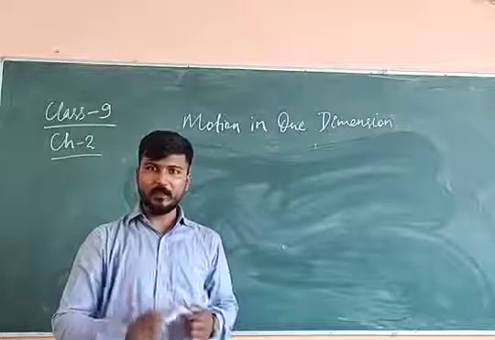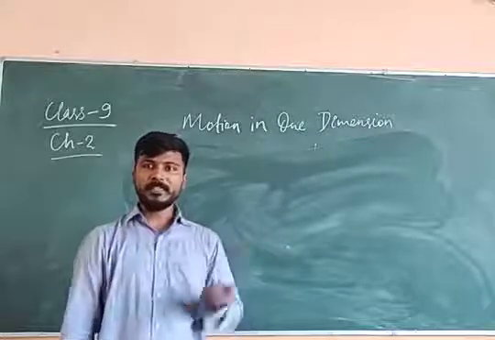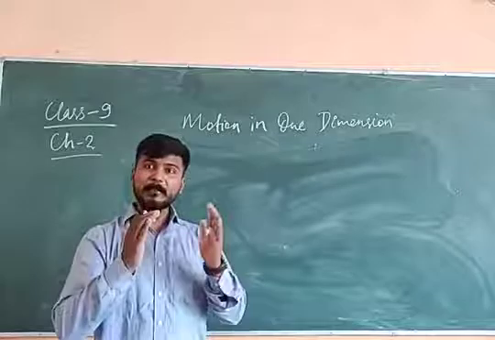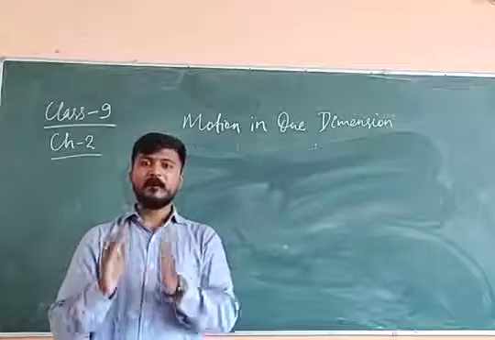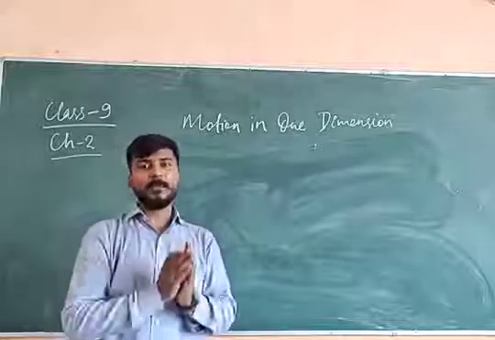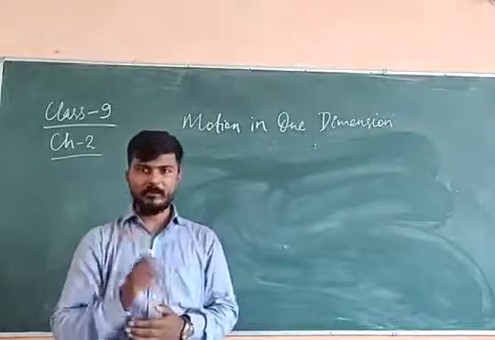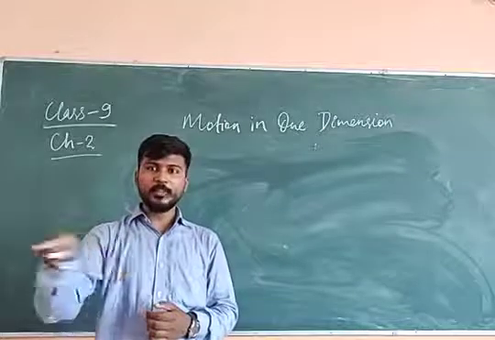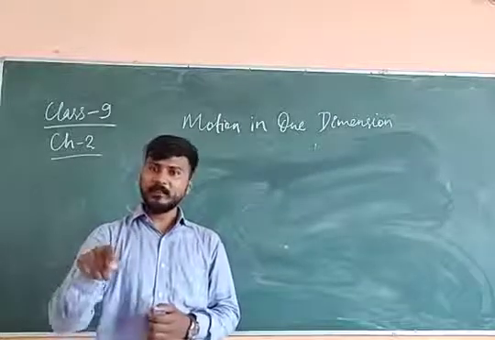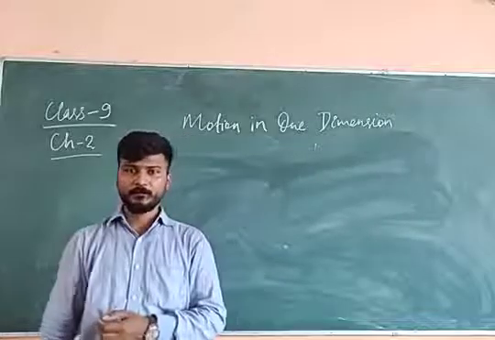It is a scalar quantity because distance is also a scalar quantity. But velocity is the displacement, not distance. Displacement covered by a body per unit time is known as velocity. And velocity is a vector quantity because displacement is a vector quantity. That's why velocity is also a vector quantity.